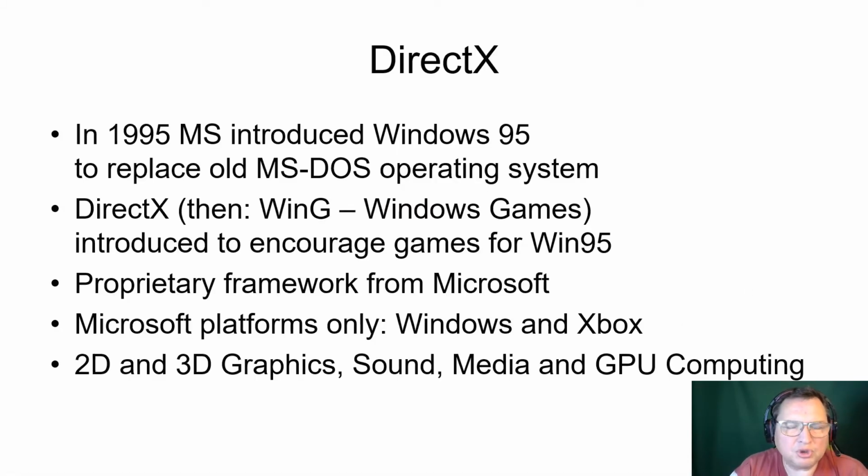When Microsoft introduced Windows 95 in 1995, not so long after the beginnings of OpenGL, they also proposed DirectX, which was then called WinG for Windows Games, to encourage writing games and playing games in Windows 95.